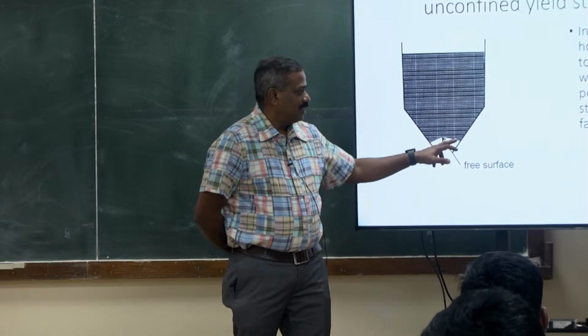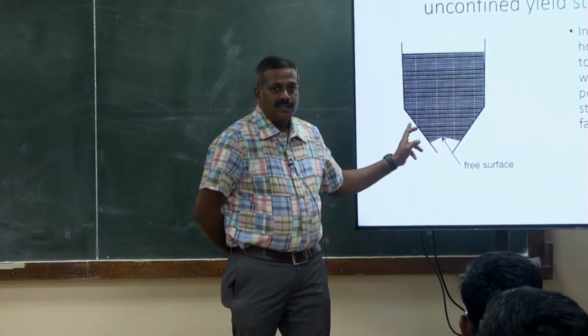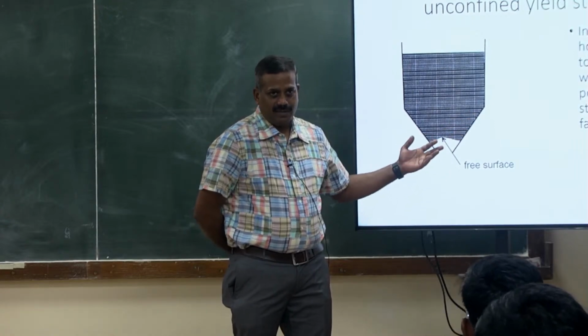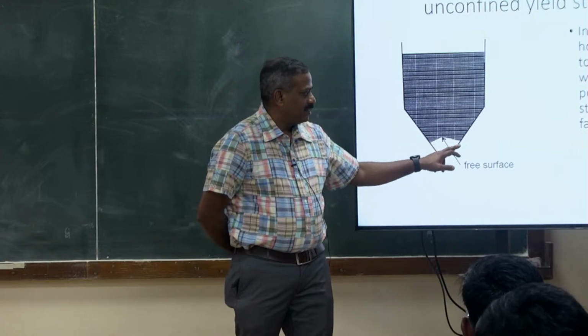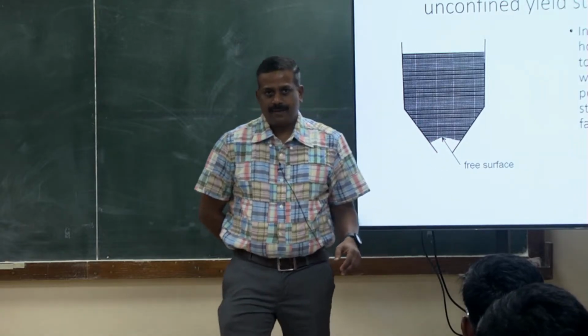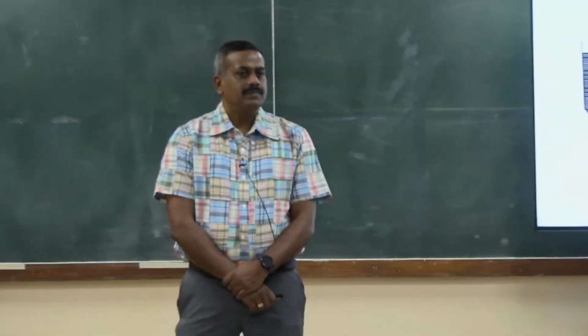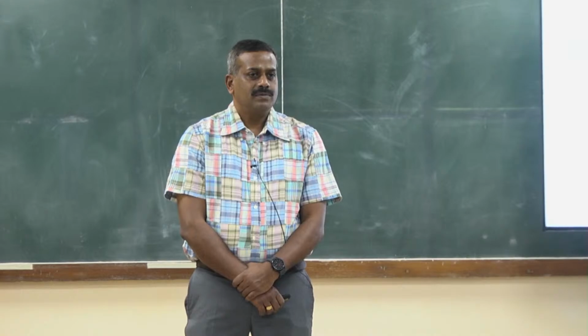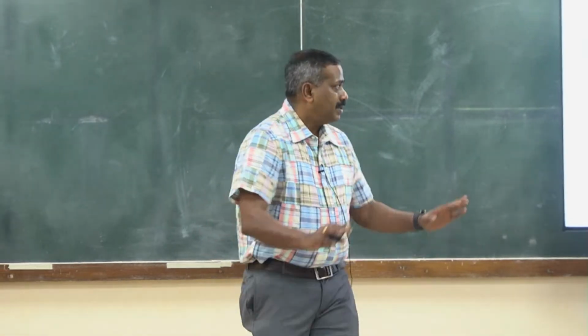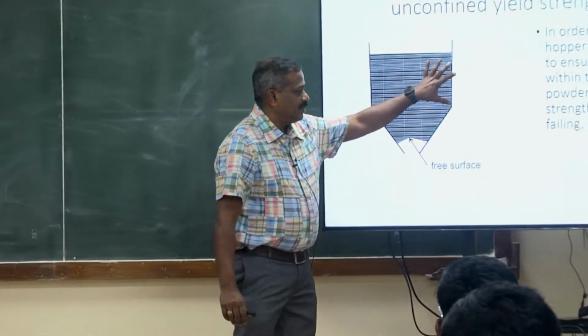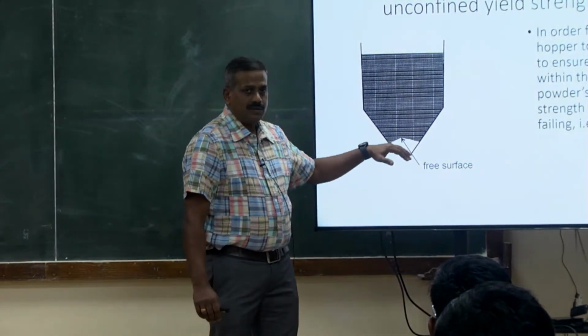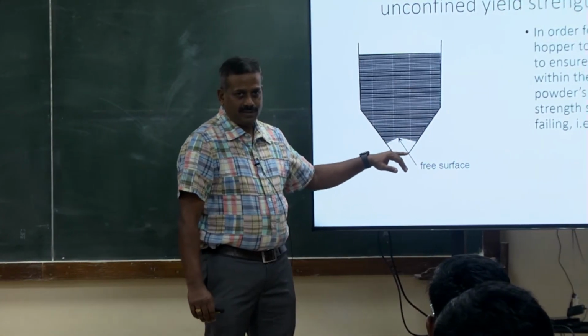If it's not well designed, then the strength at this arch will be higher. It doesn't depend on stagnant zones; with funnel flow, stagnant powder is there. I'm not talking about that flow. I'm just talking about the breaking of this layer and flowing.